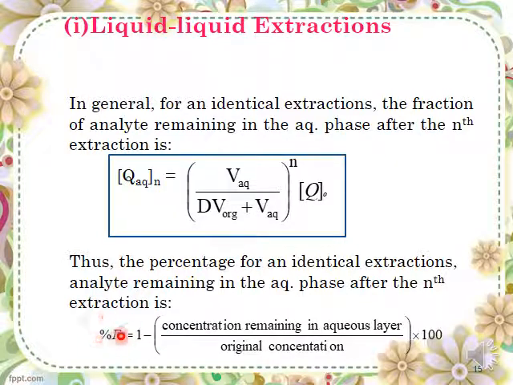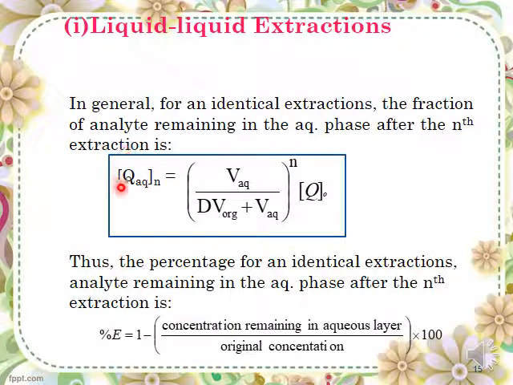So this is the calculation for efficiency: 1 minus the concentration remaining in the aqueous layer over the original concentration. Sorry about the typing. It should be the concentration remaining in the aqueous layer of the solute. To find the concentration here, we use this formula.